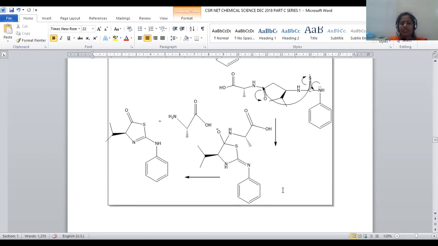Here the ring structure is generated, and O is converted into O minus. So see carefully. Here we have a nitrogen-carbon double bond, an imine linkage in between, and we have a 5-membered ring. The O minus group is there.